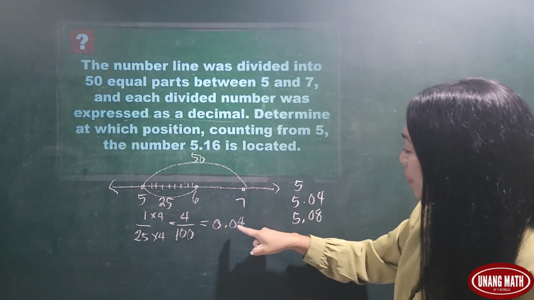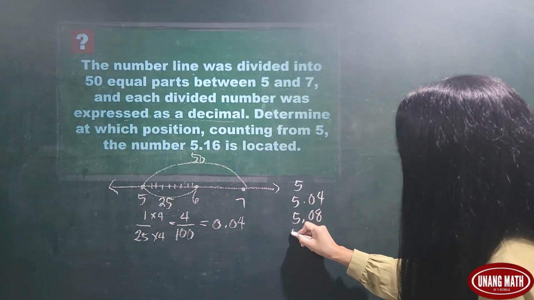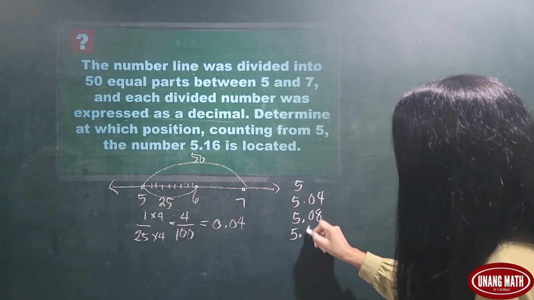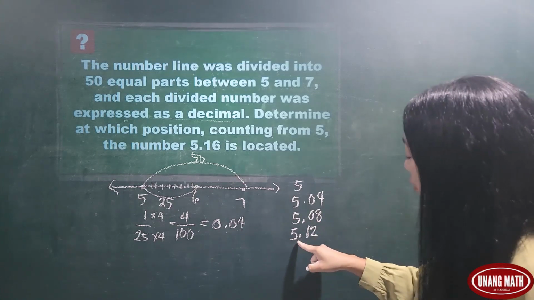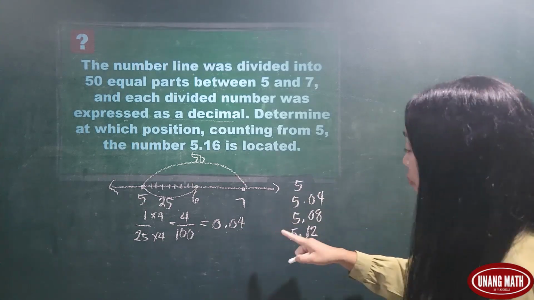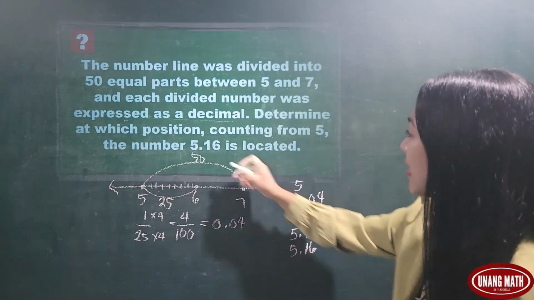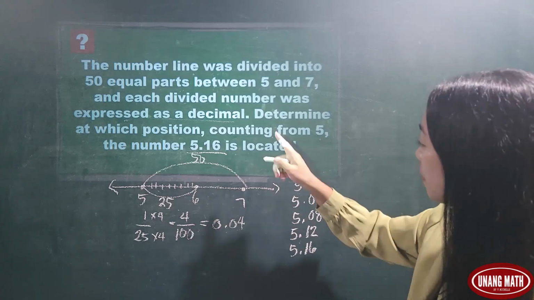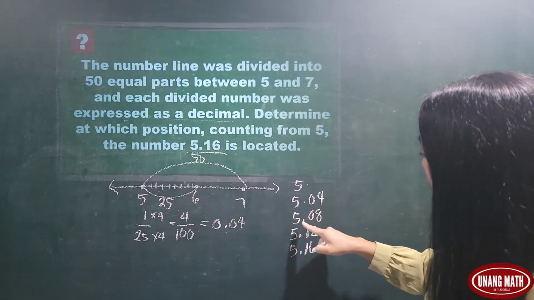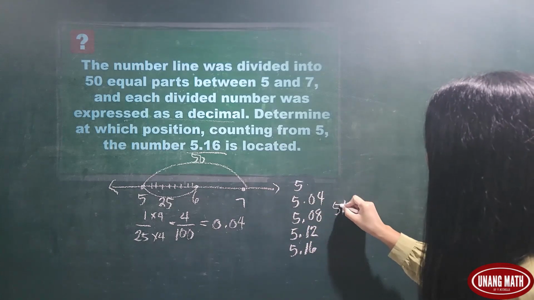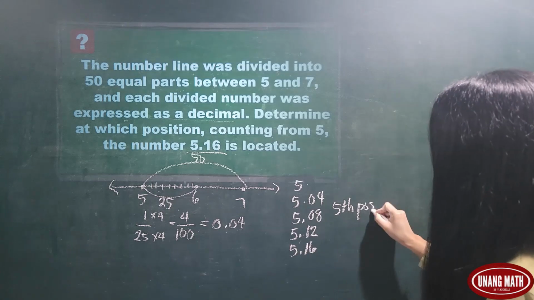Plus 0.04 is 5.12. 5.12 plus 0.04 is 5.16. So, the position is 1, 2, 3, 4, 5. It's in the 5th position.